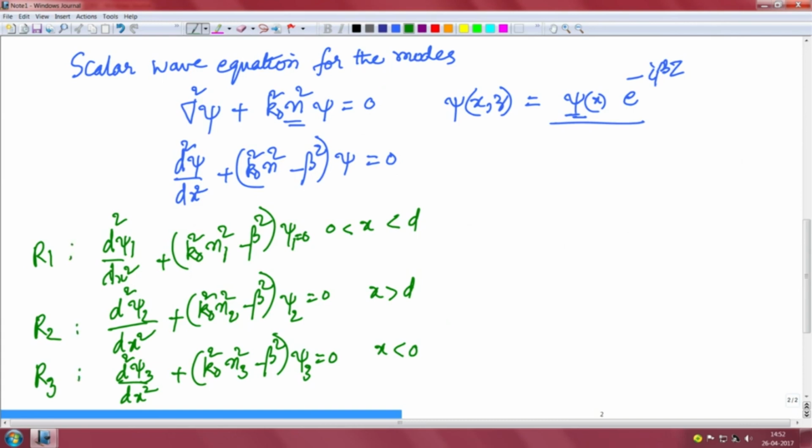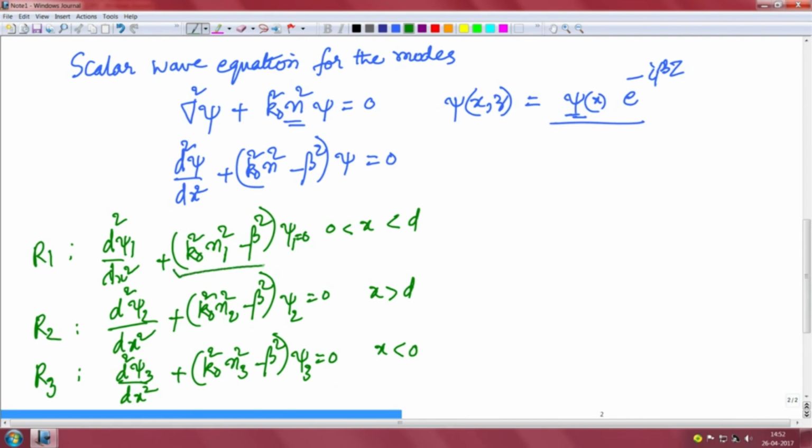So, we can define variables to put it in a simplified form, and we know that the guided mode fields have the form of oscillatory nature in the guiding region, then exponentially decaying regions in the cladding and the cover regions.